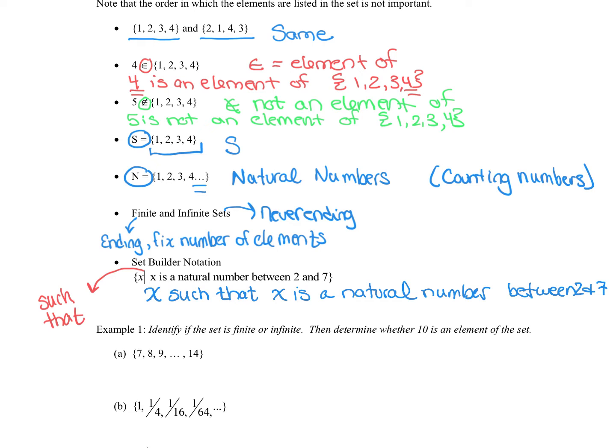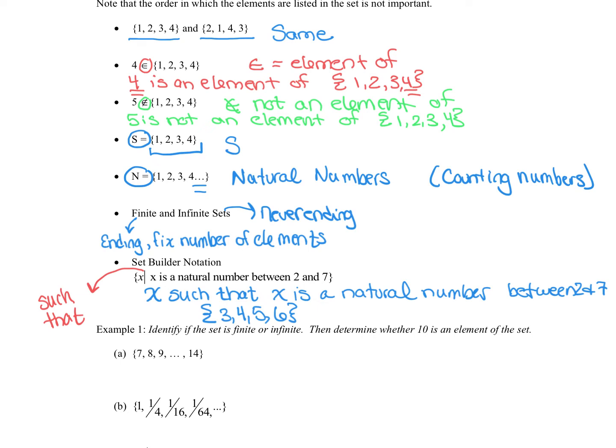So we want to write what that is. It has to be a natural number between 2 and 7, not equal to 2 or 7. So between 2 and 7 comes 3, 4, 5, and then 6. This is also known as a finite set because it has an ending point with a fixed number of elements.